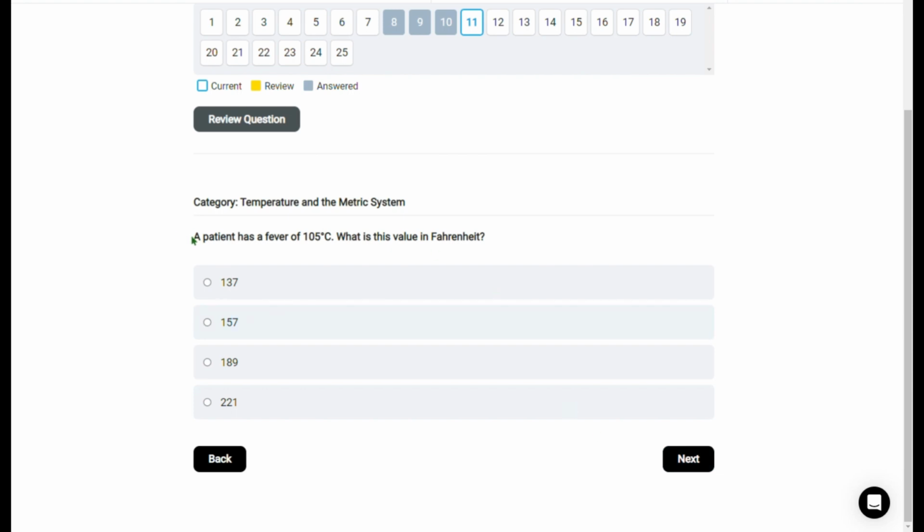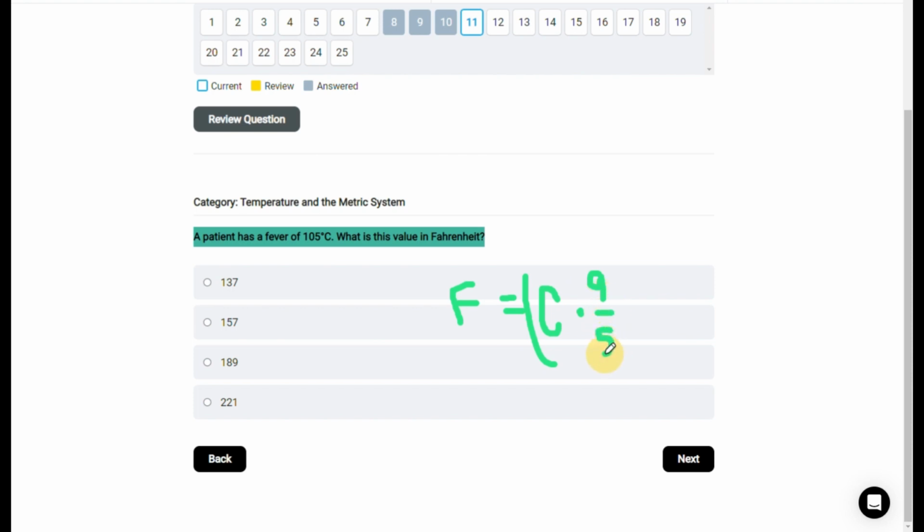Next question. A patient has a fever of 105 degrees Celsius. What is this value in Fahrenheit? Again, this relies on a simple equation that involves the relationship of Celsius to Fahrenheit. The equation is Fahrenheit equals Celsius times 9/5 plus 32 degrees.